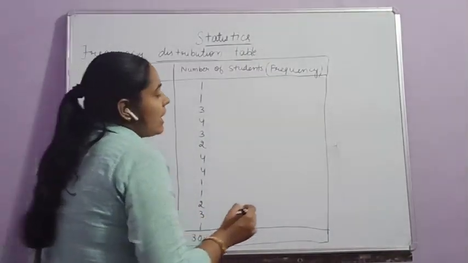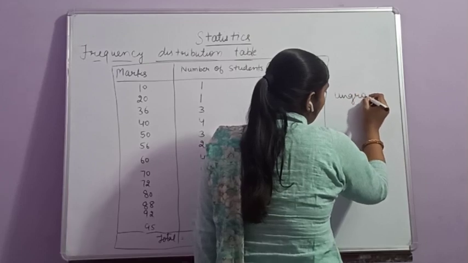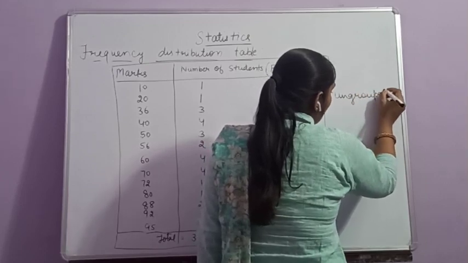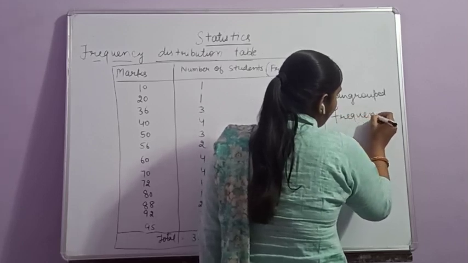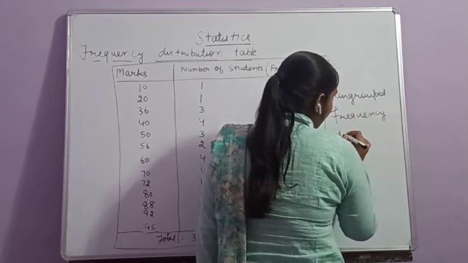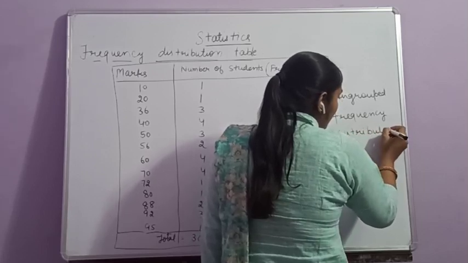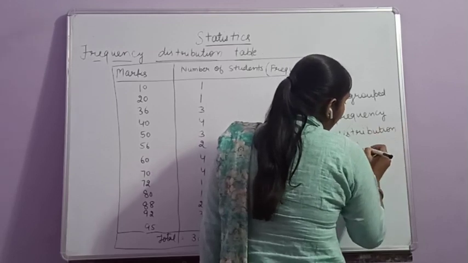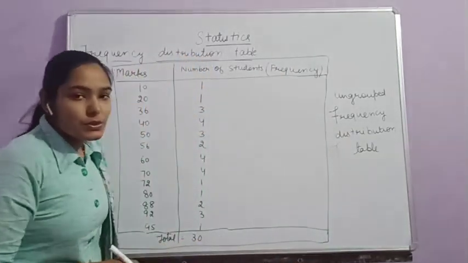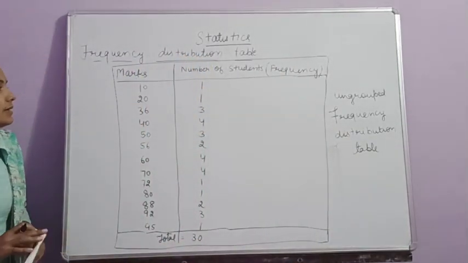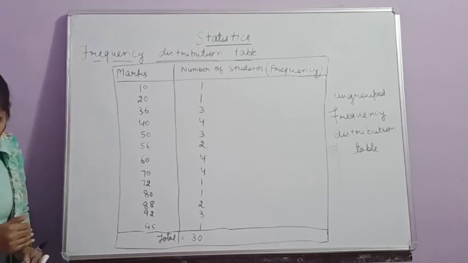But that is ungrouped frequency distribution table, because in that table we didn't form groups of students that obtain marks between a range.